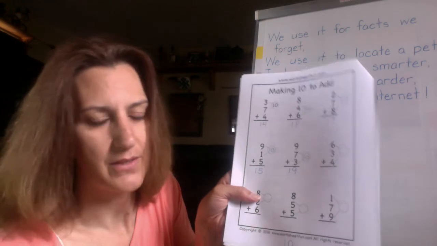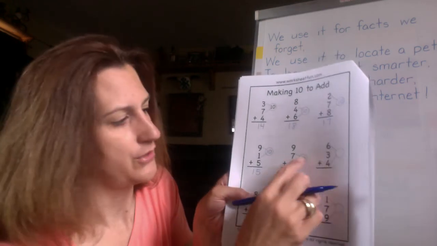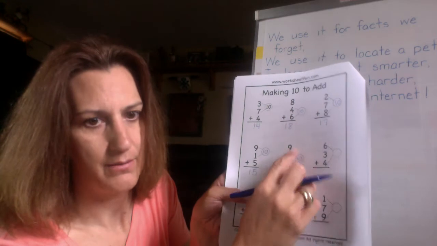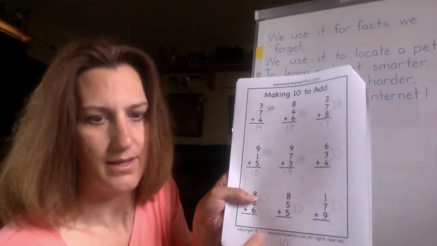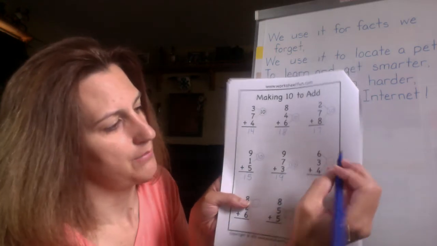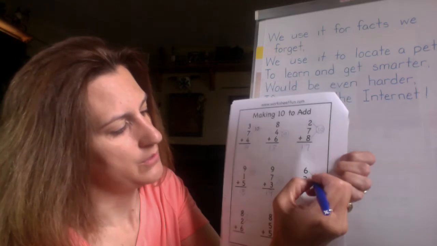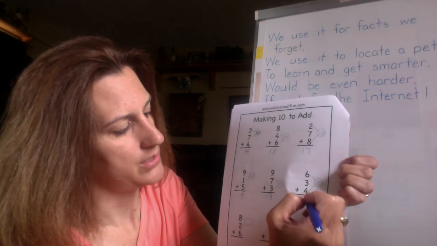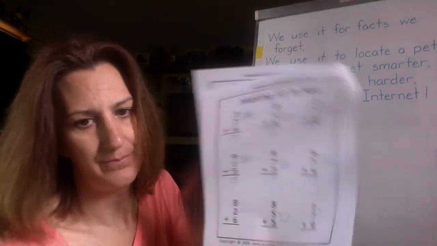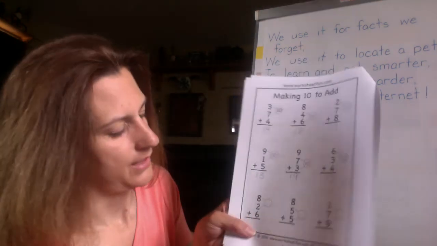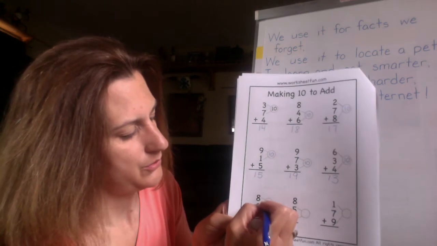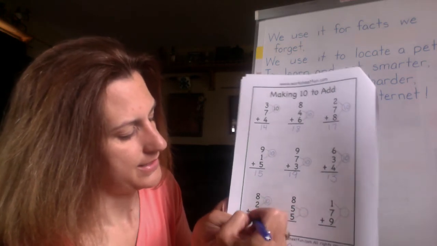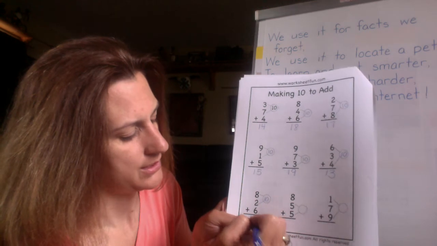And I always just picture that 10 frame. So I know if there's 10 in my top 10 frame and 9 in the bottom, that's going to be 19 altogether. Okay, 6 plus 4 is going to equal 10, and 10 plus 3 is going to equal 13. Okay, 8 plus 2 equals 10, and 10 plus 6 equals 16.